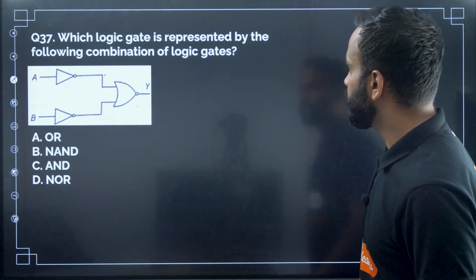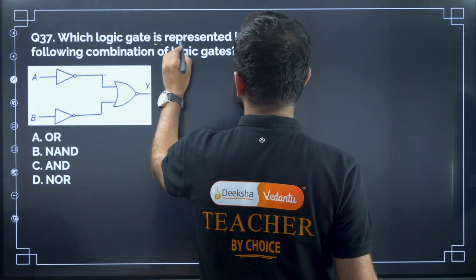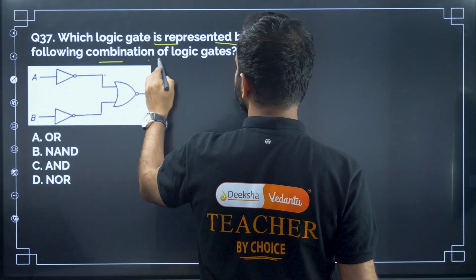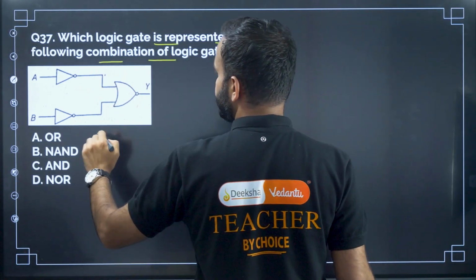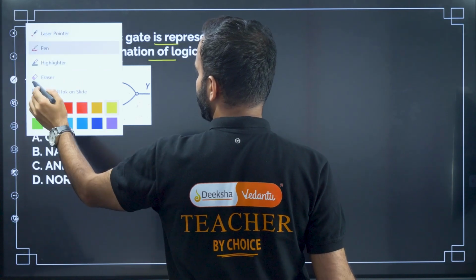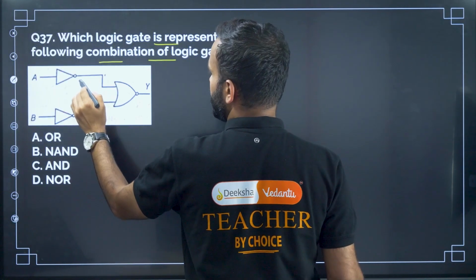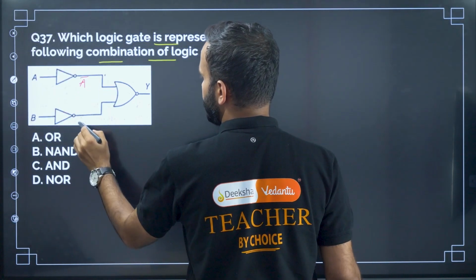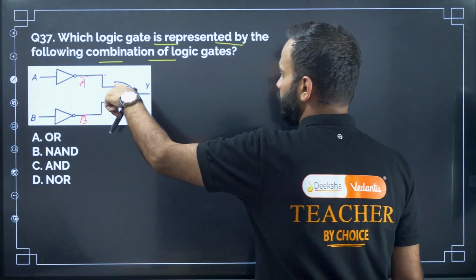Next one, question number 37. Which logic gate is represented by the following combination of logic gates? Let us find the output. Here the inputs are complemented, that is A bar and B bar.